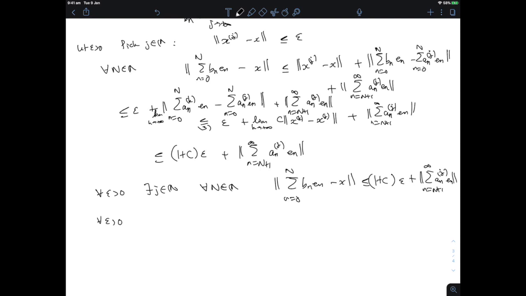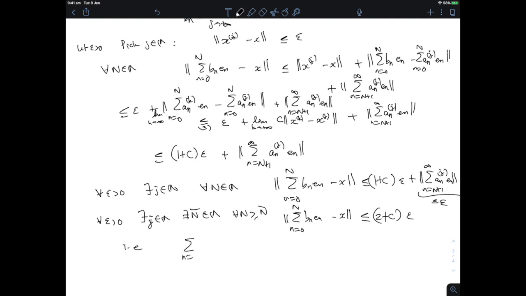So for every epsilon, there exists a j in N, and there exists an N bar in N, such that for all capital N greater than N bar, the norm of the sum from n equals 0 to capital N of Bn En minus x is smaller than 2 plus c epsilon, say, by making the rest smaller than epsilon for capital N large enough, depending on j. Right, that is to say that the sum n equals 0 to infinity of Bn En exists and is equal to x, and so x belongs to E.